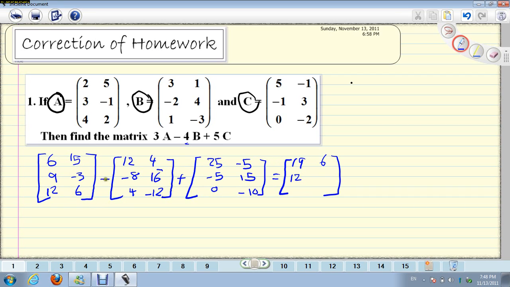Okay, negative 3 minus 16 plus 15, the answer is negative 4. 12 minus 4 plus 0, so this is 8. And the last one, 6 minus negative 12, it means 6 plus 12 plus negative 10, so the answer is 8.